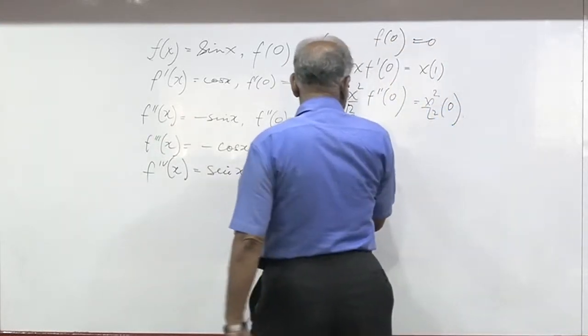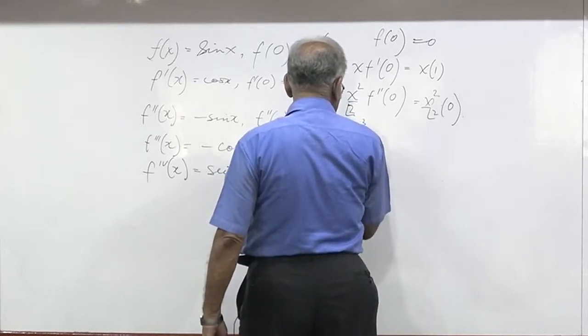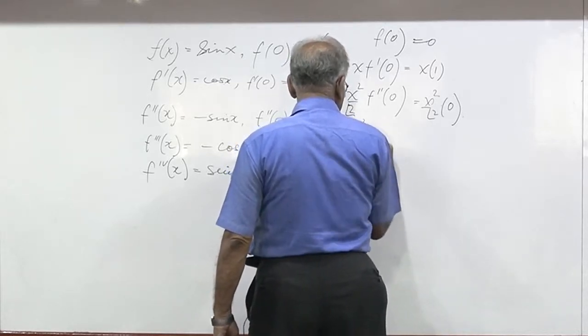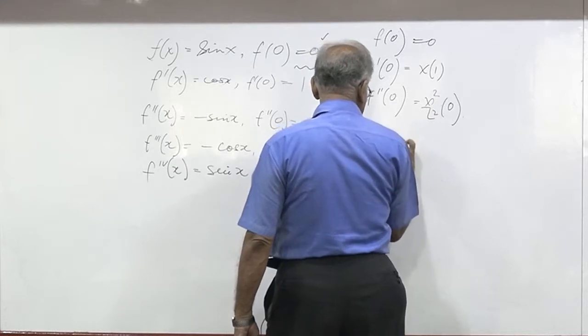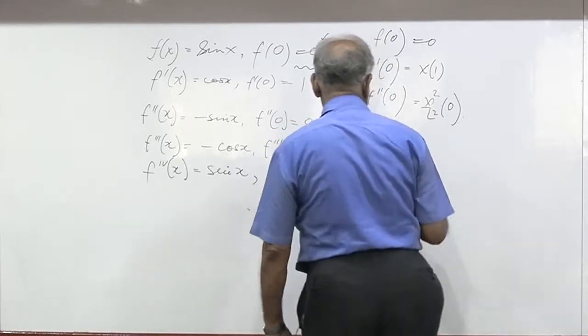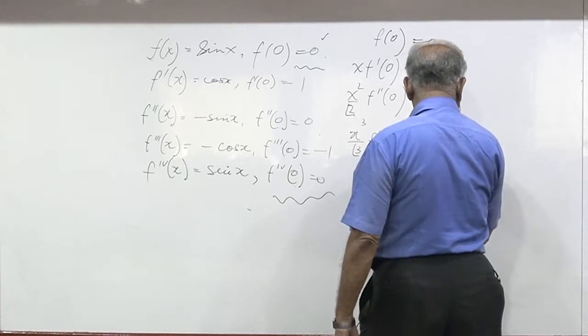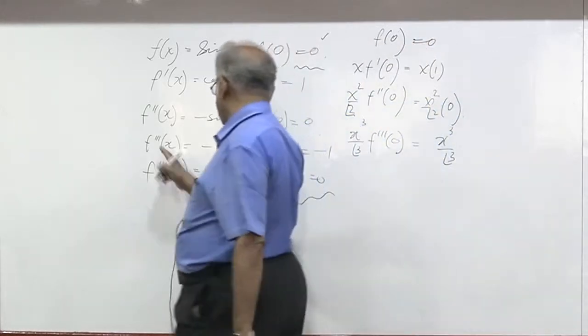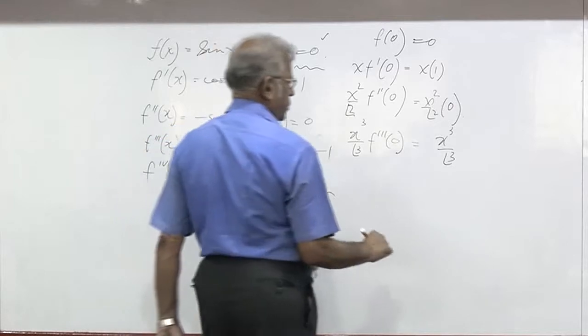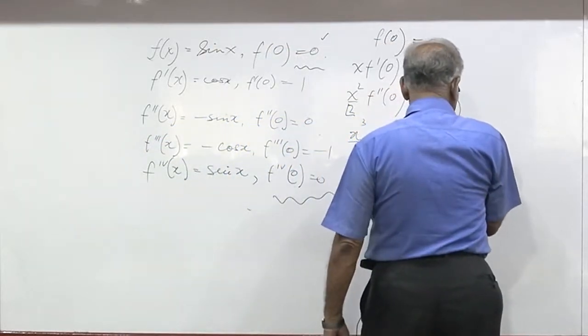Next, x cubed by factorial 3 times f triple dash naught, and f triple dash naught has a value of minus 1.